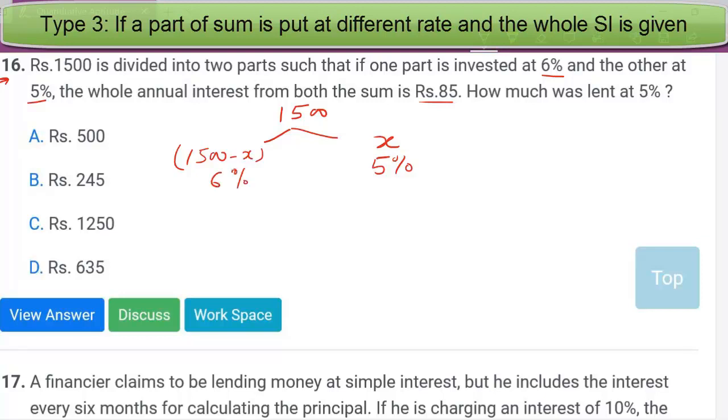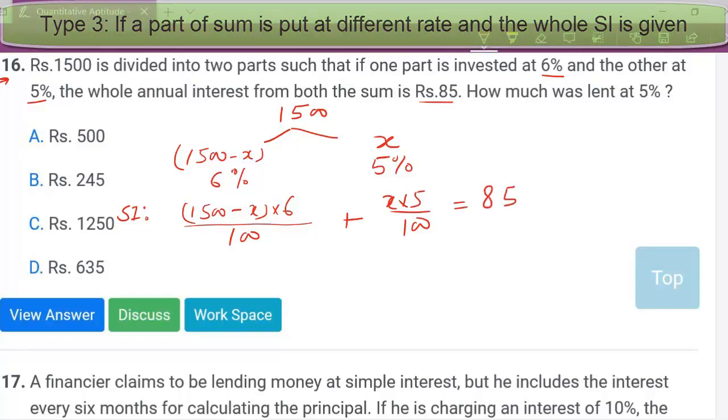And yes, you will again calculate the simple interest for both the parts. Here you get (1500 minus X) multiplied by 6 divided by 100, right? And here you get X multiplied by 5 divided by 100. When you add these two, you get rupees 85. I will multiply this equation by 100, so I will get 1500 multiplied by 6 minus 6X plus 5X is equal to 8500, right?